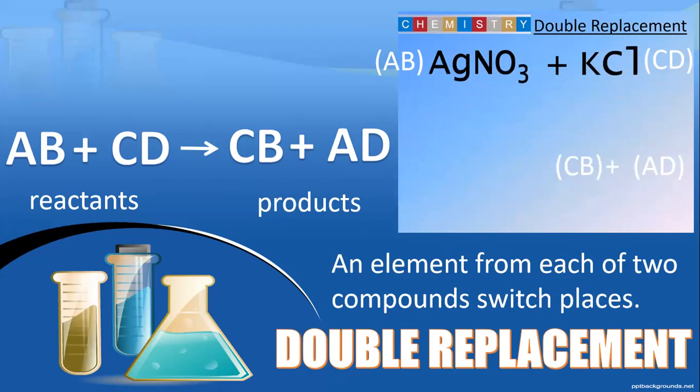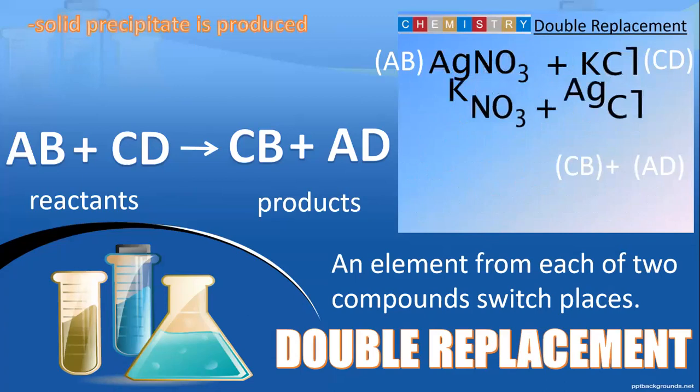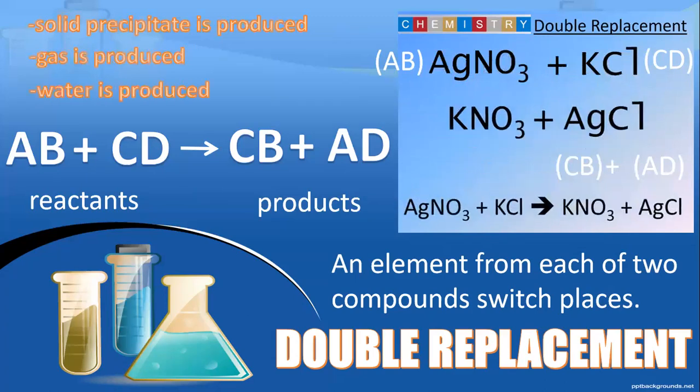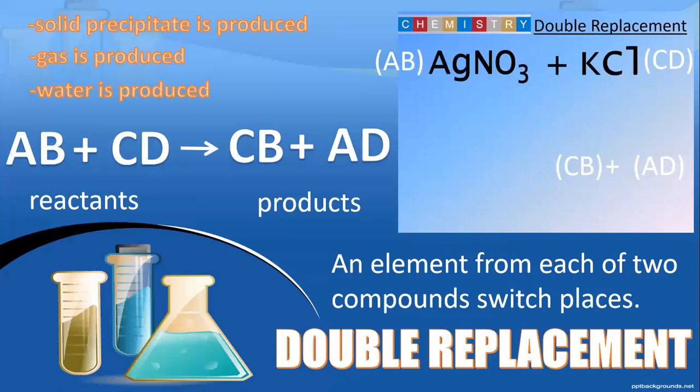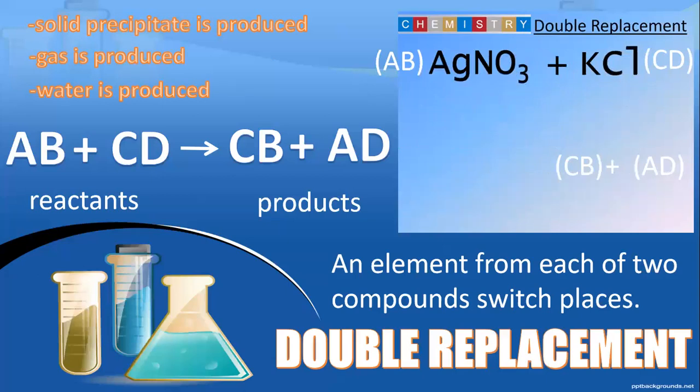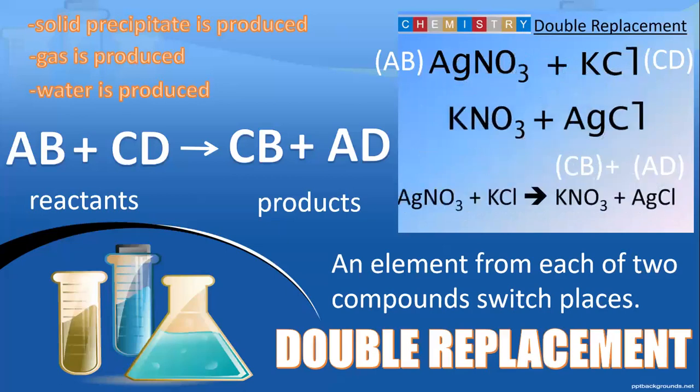It will only occur if a solid precipitate, gas, or water is produced. If none of these are produced, both products are aqueous solutions, meaning the substance is dissolved in water, then there is no reaction.